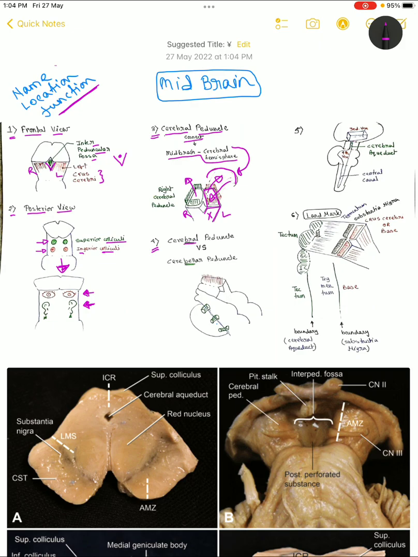I write cerebral peduncle and cerebellar peduncle. So what is the difference? The difference, definitely, first is name, second location. Location: you see, this structure I just talked about is our cerebral peduncle. And cerebellar peduncle, you see, this is our superior cerebellar peduncle, this is our middle cerebellar peduncle, this is our inferior cerebellar peduncle.